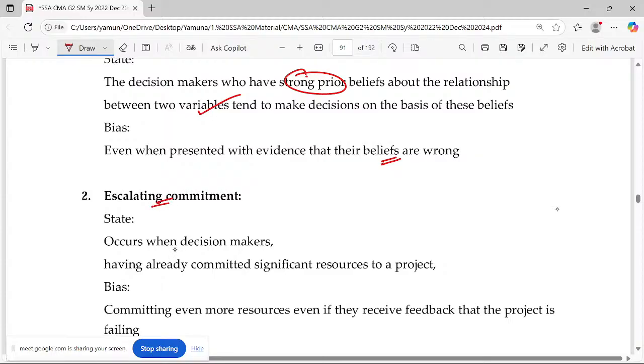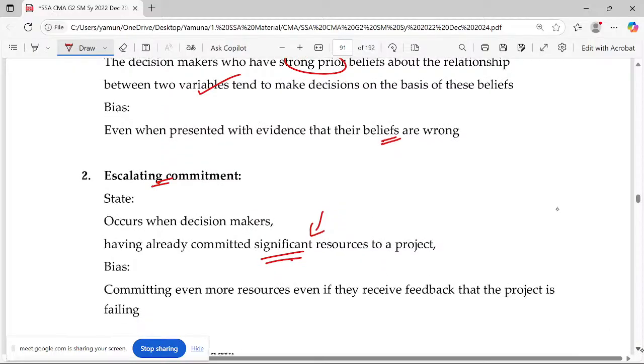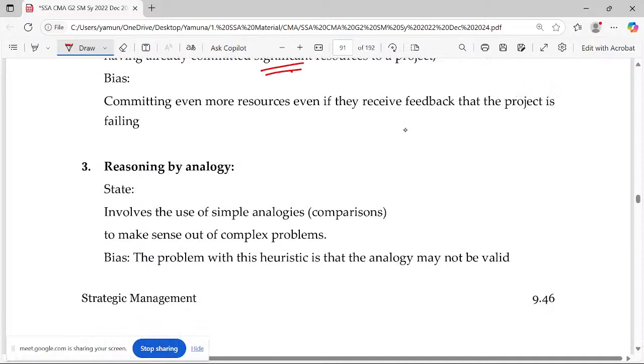Once you go for decision making, you have to check whether you can provide significant resources to that particular project evenly and consistently. Because already there is one committed project you're doing and you're bringing a new project inside, how are you going to proceed? That has to be checked. Then they go for receiving feedback, and reasoning by analogy. Analogy is something you compare.